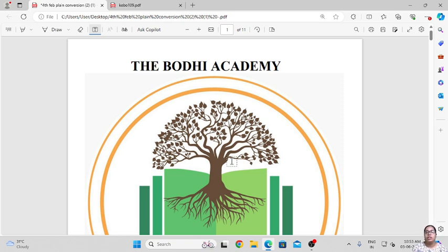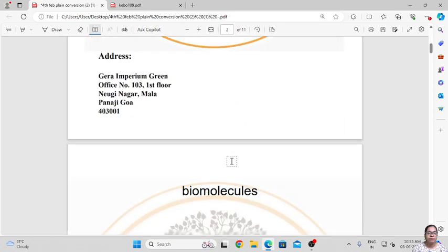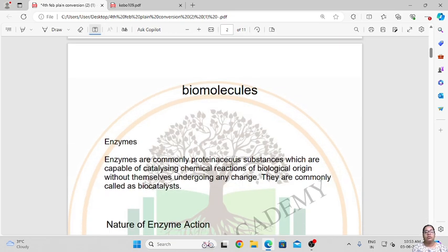Then we have also covered the different structures of proteins, and the last one, which was the nucleic acid. So today what we are going to study is enzymes. In this part we are going to deal with enzymes, and we will study how enzymes work in our system.